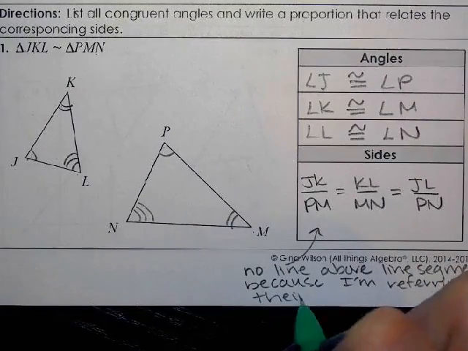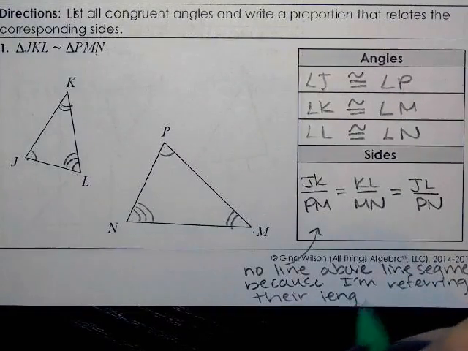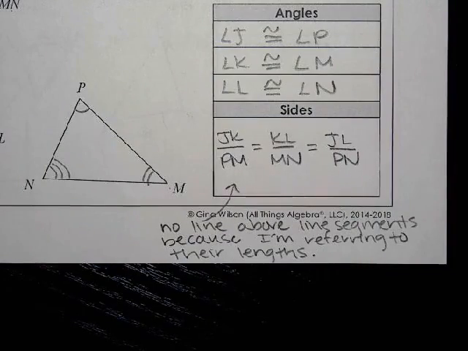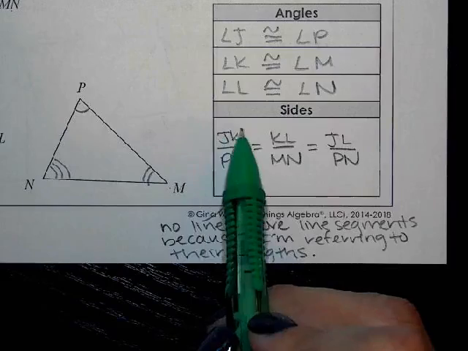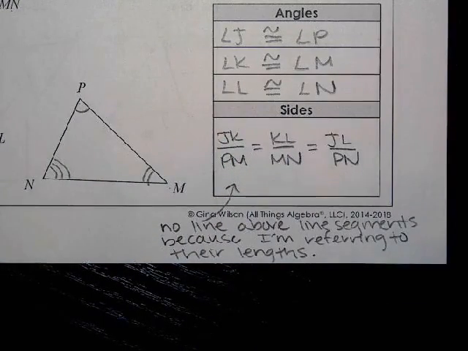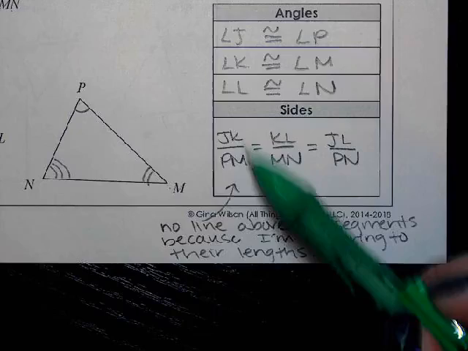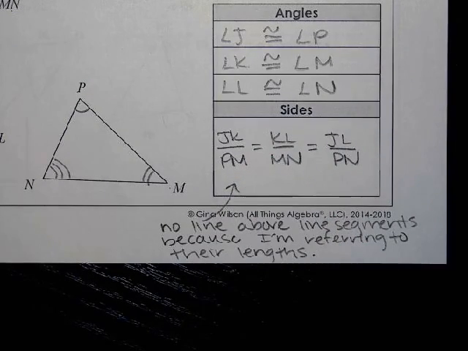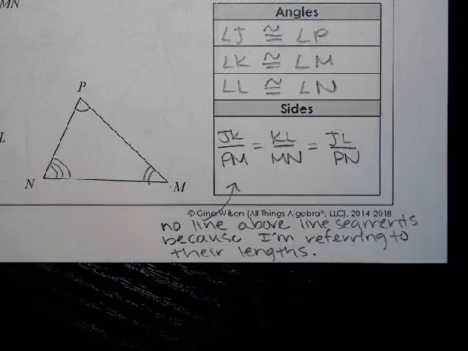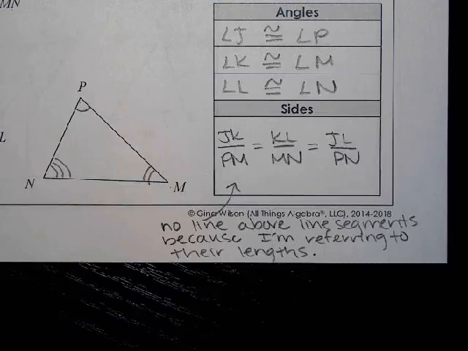No line above the line segments, no line above JK, no line above PM, no line above KL, no line above any of them, because I am referring to their lengths for all of these. The length of JK is proportional to the length of PM, but the segments themselves are not congruent. Okay. How are your brains feeling? Fine? Good? All right, let's turn the page.